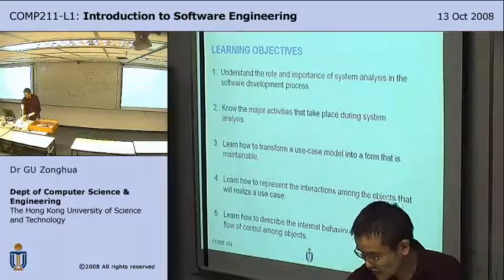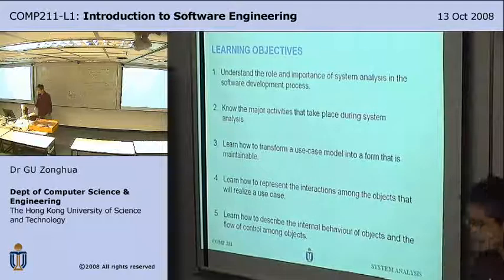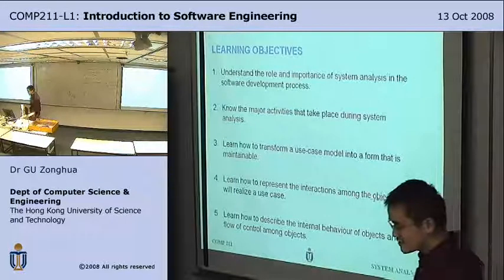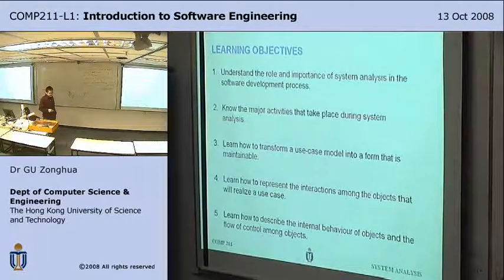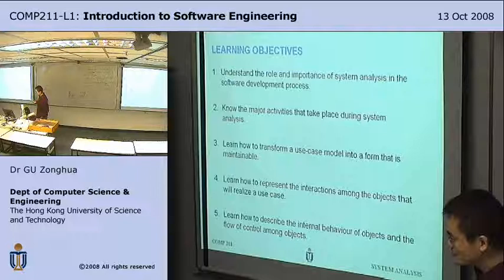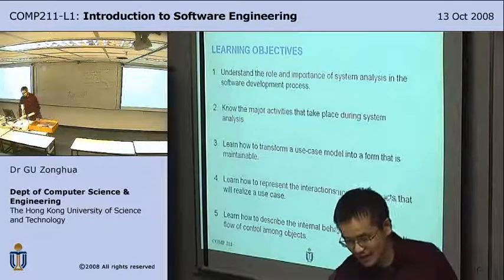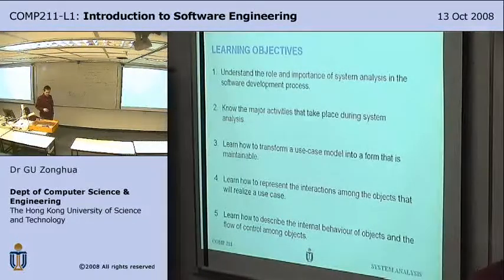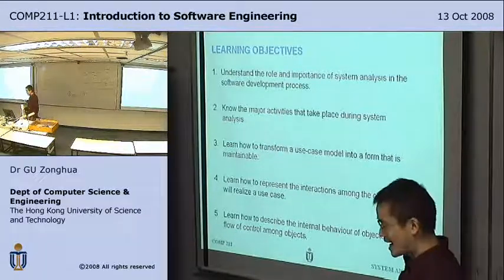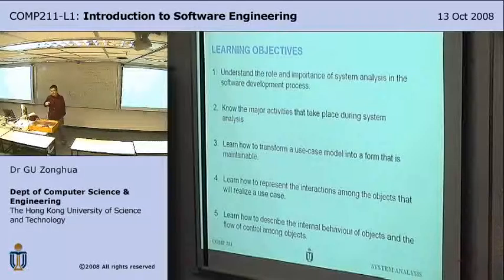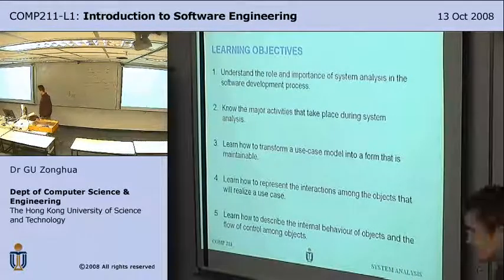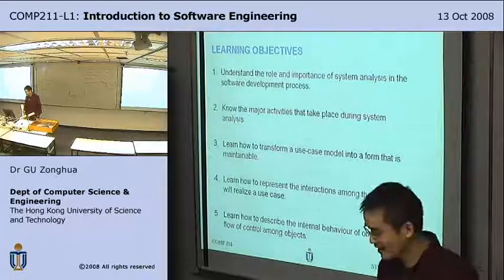Learn how to represent interactions among the objects and describe the internal behavior of objects and flow of control among objects. So now we're going into a computer science domain, into a software domain where you actually are designing the internals of the system. From now on, the documents you design, the analysis model, design model, etc., you don't have to show the user anymore. The user only cares about the requirements model. This is for internal use among the developers.